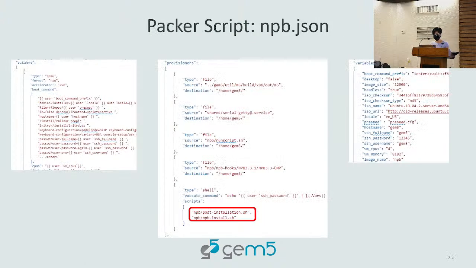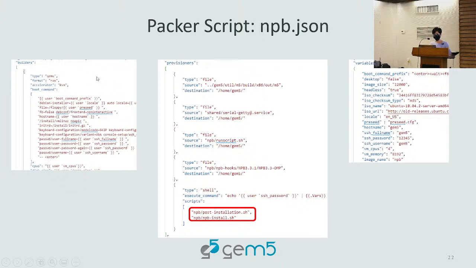So this is the content of the NAS parallel benchmark .json file for creating a disk image. It's a relatively large file, so I have divided it into 3 sections. The first section is builders, the next one is provisioners, and the last one is the variables.